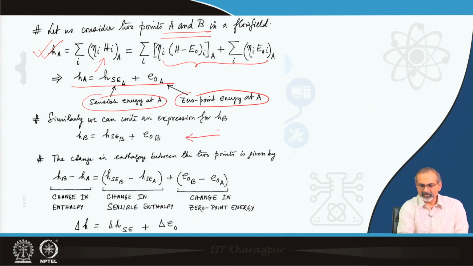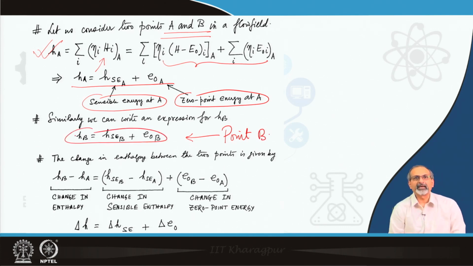So, this is the equation that you can write when applied to the point B in the flow field, and thereby you will end up getting an equation H B is equal to H S E B plus E naught B. The subscript S E stands for sensible energy.